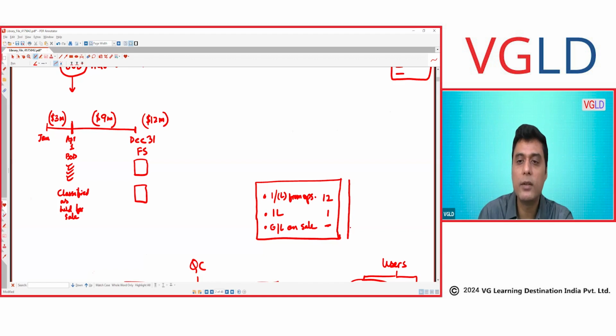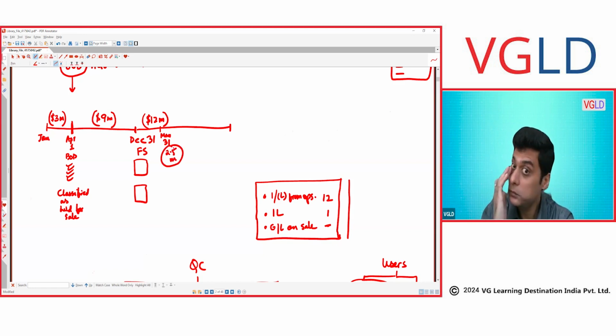Next year, suppose it actually gets sold on March 31st. On March 31st, it gets sold for $2.5 million. And from Jan to March of next year, there was a loss of $3 million.